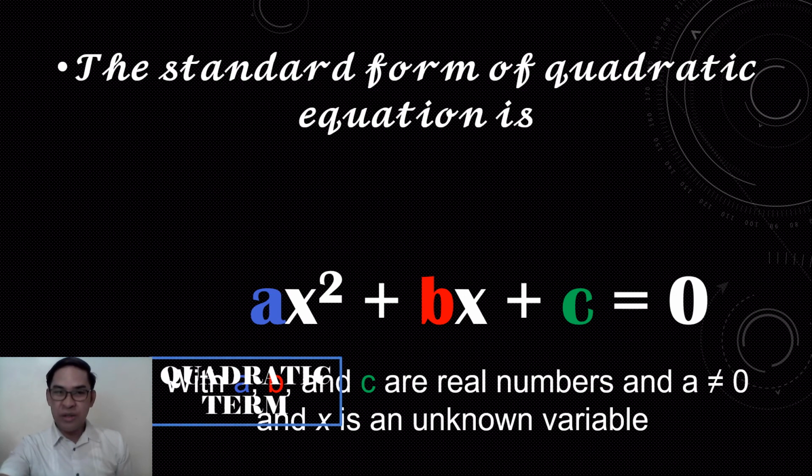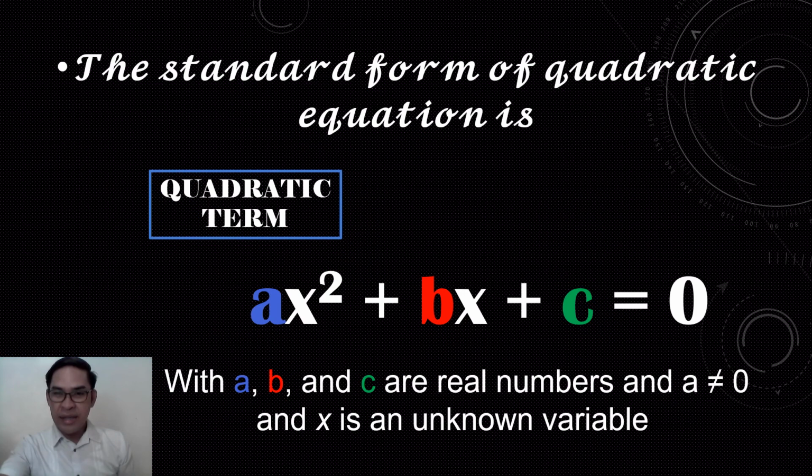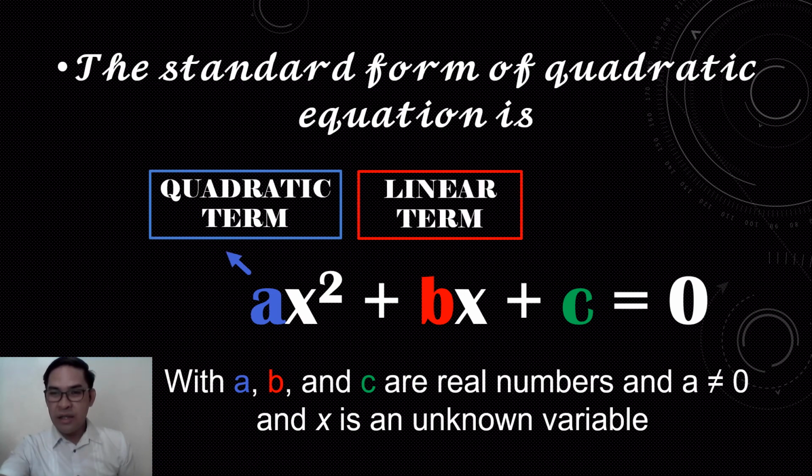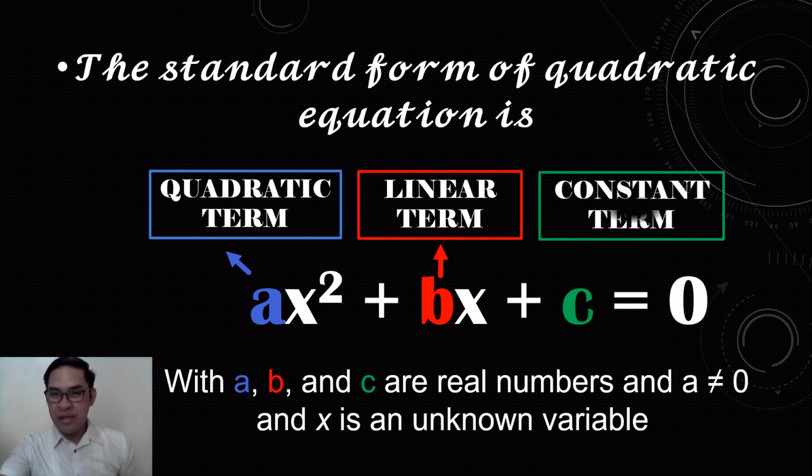In the said equation, ax squared is your quadratic term, where you can find the value of a. bx is your linear term, where you can find the value of b. And c is your constant term, where you can find the value of c. Definitely, the value of c is a pure number, meaning a simple number without variables.